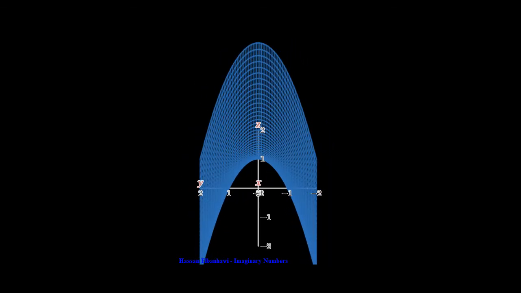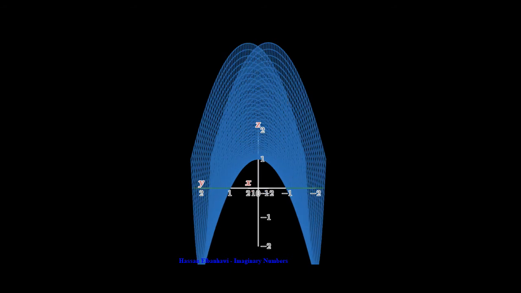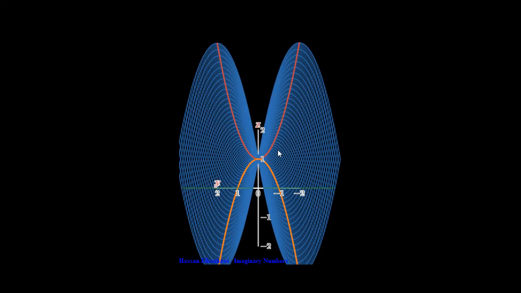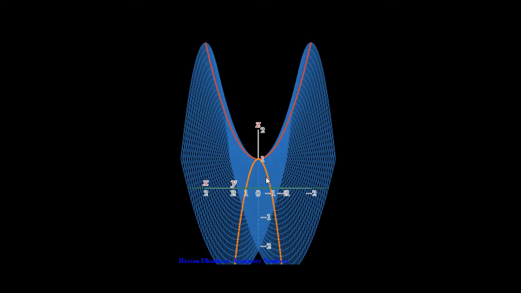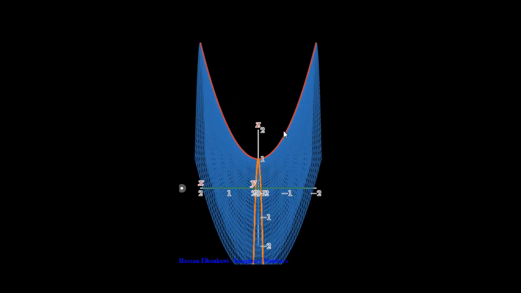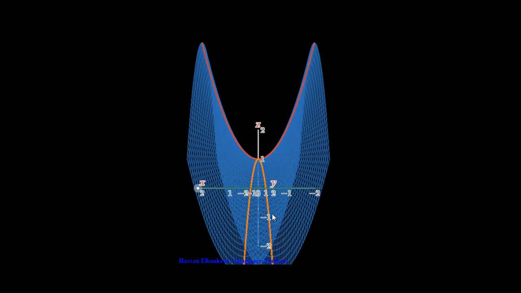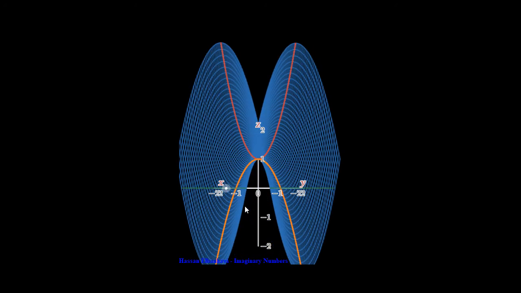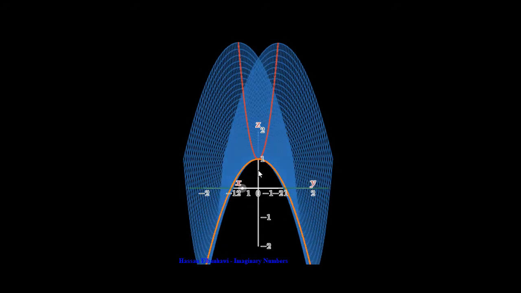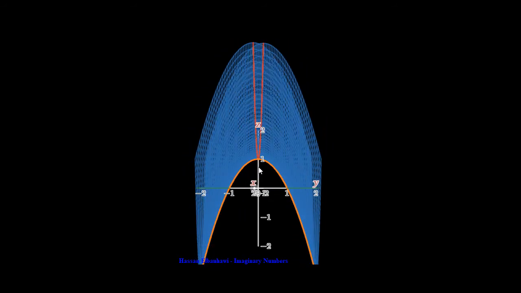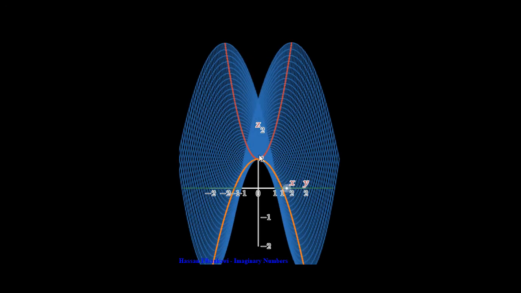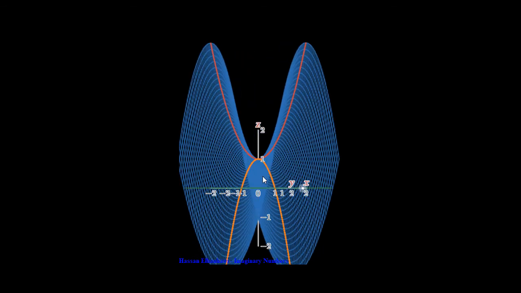This can be represented by these two curves here, the red one and the orange one. So these lines here represent a 0 for the imaginary part. So starting from now, we know that our solution should be 2 points on these two lines.